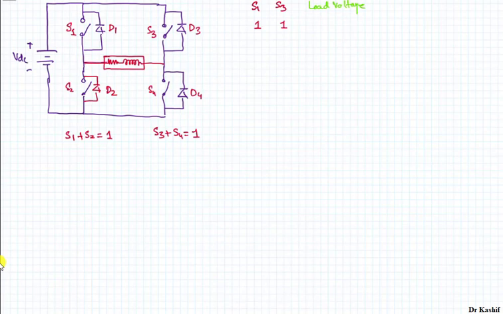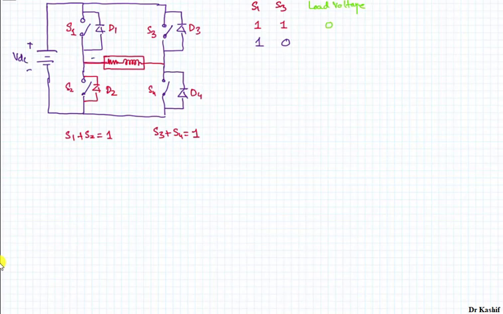So when switch S1 is on and S3 is on, the load voltage is 0. Now if we look at the combination 1 0, it means switch S1 is in the on state and switch S3 is in the off state, so switch S4 is basically on.